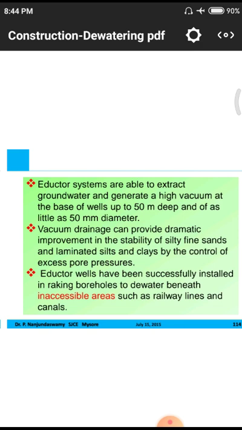On the other hand, we normally discuss removing water from the soil for construction purposes, but here we remove water for normal discharge or usage purposes in railway areas and canals.